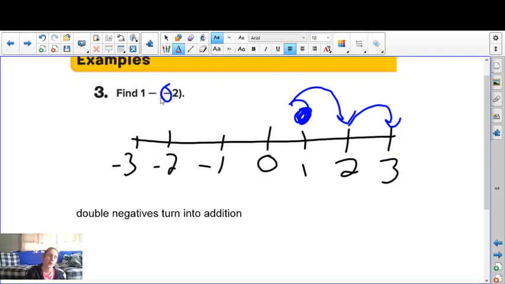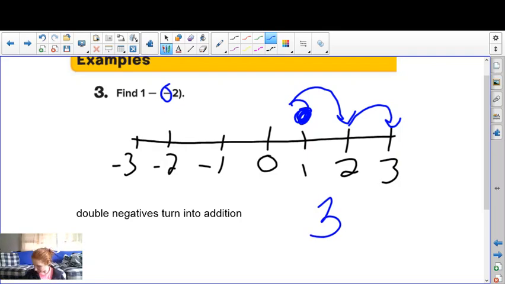Yes, the parentheses is splitting them. It's kind of a technicality that the books feel the need to separate them with parentheses. No, they don't. So a double negative will always turn into addition. And my answer here is 3.